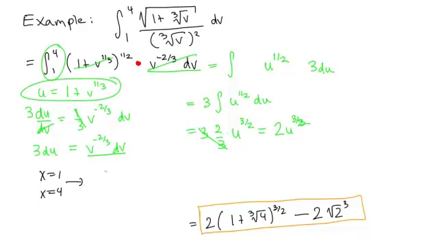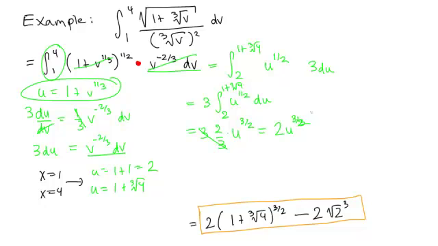If I plug in 1, I'm going to have u is equal to 1 plus the cube root of 1, which is 2. And I'll have the second value, 1 plus the cube root of 4. And so our original limits of 1 to 4 become the new limits of 2 to 1 plus the cube root of 4. And so those limits come along for the ride.